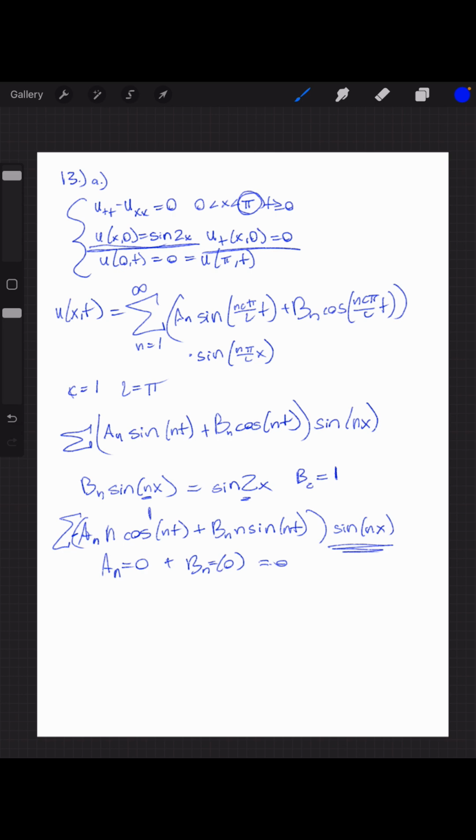That means we're left with the equation u of x comma t must be equal to, when n is 2, b_2 equals 1. So that'll be b_n, which in this case would be 1 times sine of 2x times cosine of 2t. And this is our final solution.